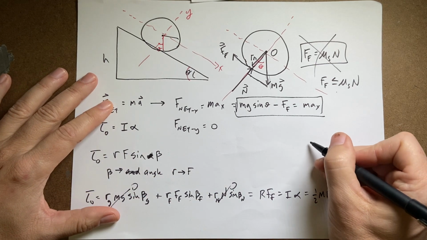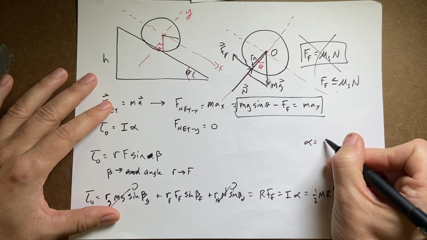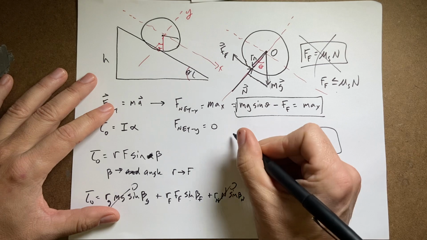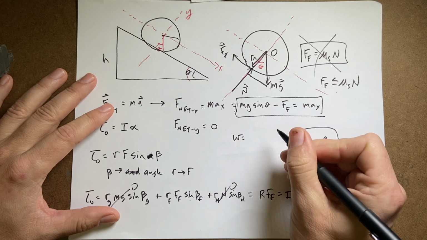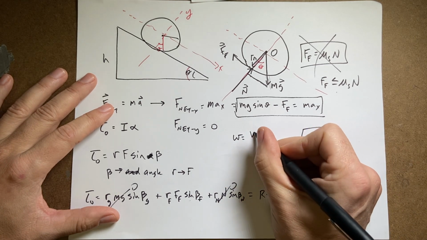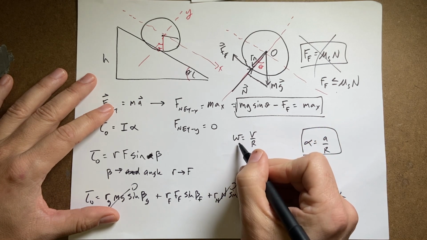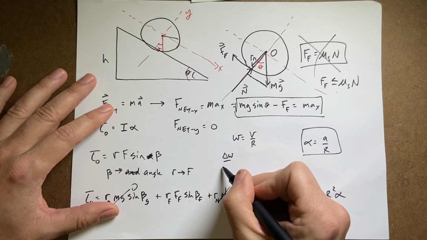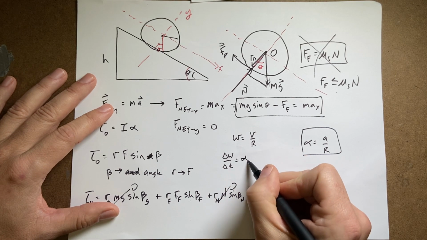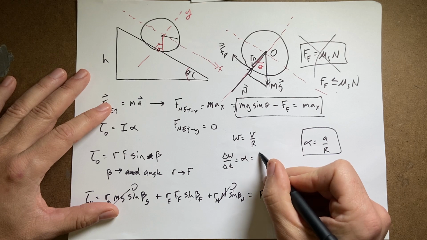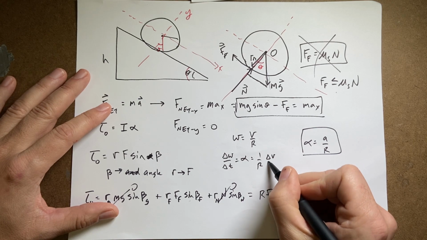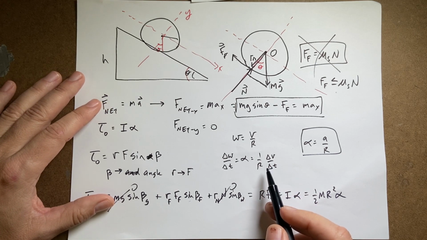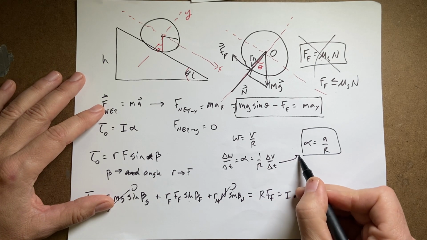So here I can say that alpha equals a over R. And you can get that straight from omega equals v over R. If I divide both sides by delta t, delta omega over delta t equals the angular acceleration alpha, and that's going to be 1 over R delta v over delta t. And that's the linear acceleration. So that's how you get this right here.